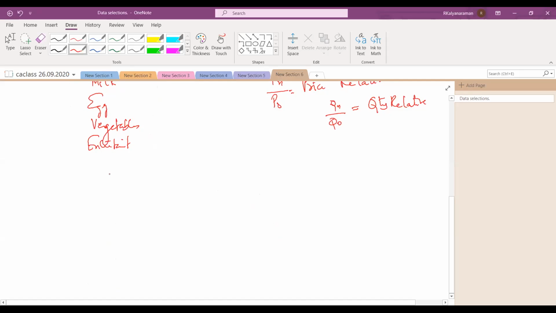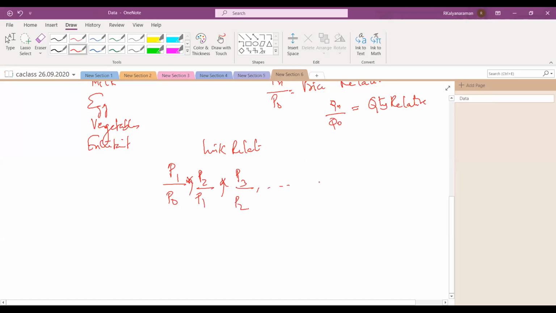There is something called a link relative. That is, successive years are taken. For example, you have P1 by P0 into P2 by P1 into P3 by P2, etc. These are called link relatives.